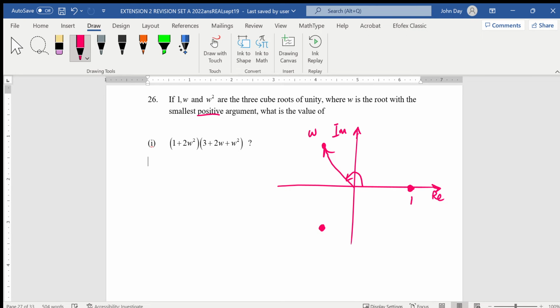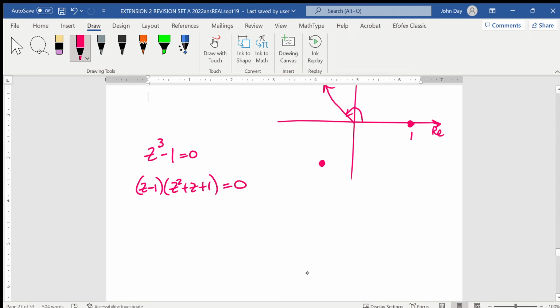Now, if you take z cubed minus 1 equals 0 and factorize that, you get z minus 1 and z squared plus z plus 1 equals 0. We've done that before. By the null factor law, z minus 1 could equal 0, or z squared plus z plus 1 could equal 0.